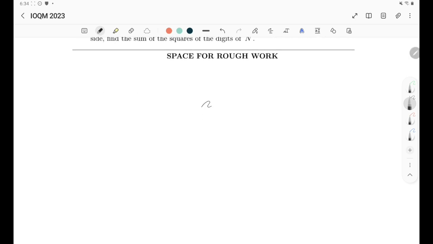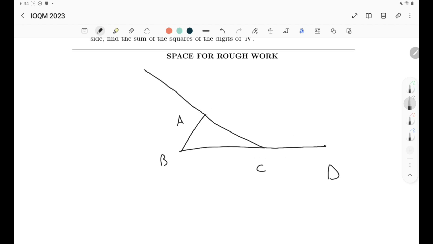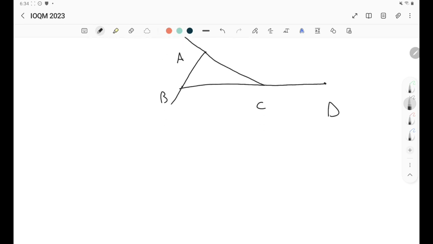So they're telling us that we have a triangle B, A, and C. We can extend this to a point D such that they have the same lengths. We can extend this so that this length is double, to point E. This is 2 to 1, and we can extend this to get 3 to 1.